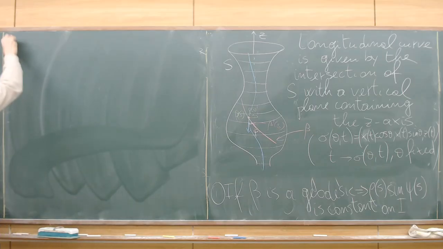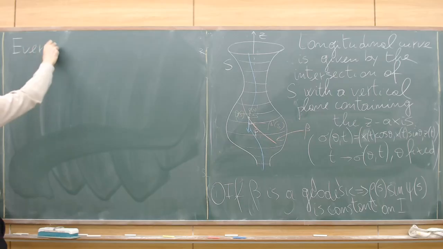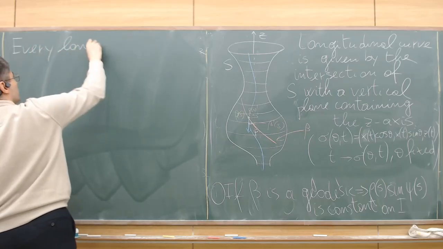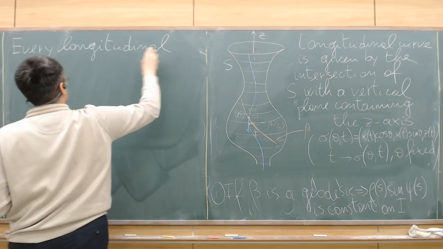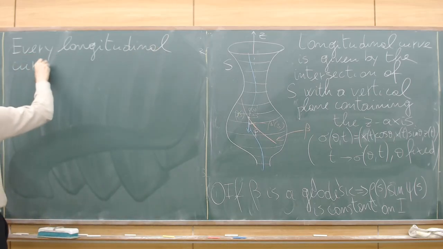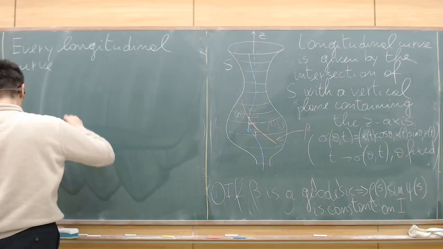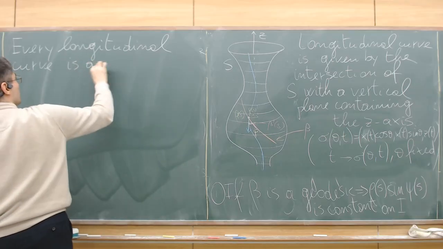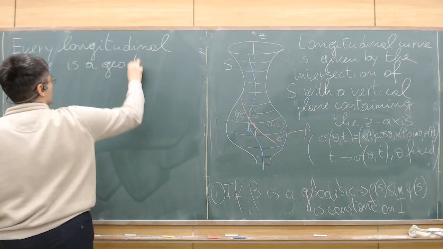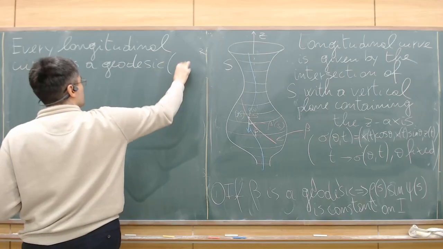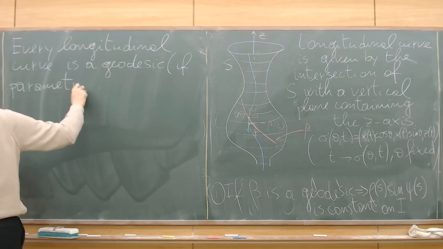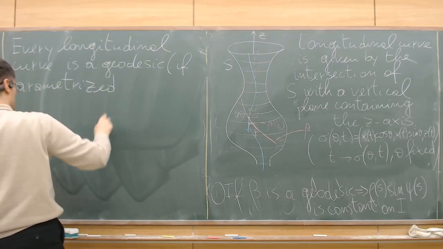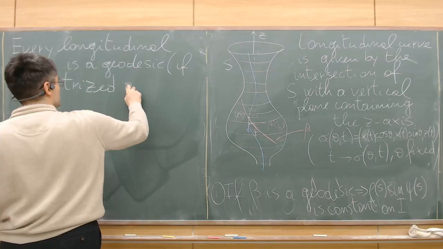The answer is this: every longitudinal curve is a geodesic if parametrized at constant speed.